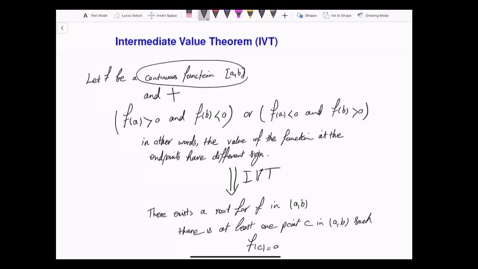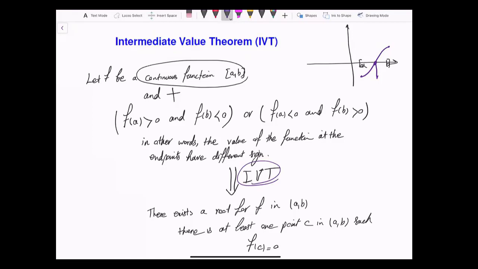So if you want to have some intuitive thing in mind, let's say this is AB, and the values of the function at the two endpoints have different signs. So it's either like this or the other way around. Since the function is continuous, the function has to intercept with the x-axis, and intermediate value theorem says there exists such a thing.